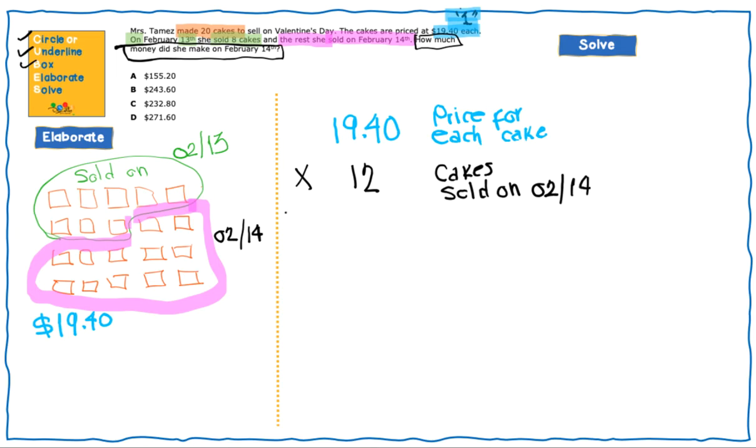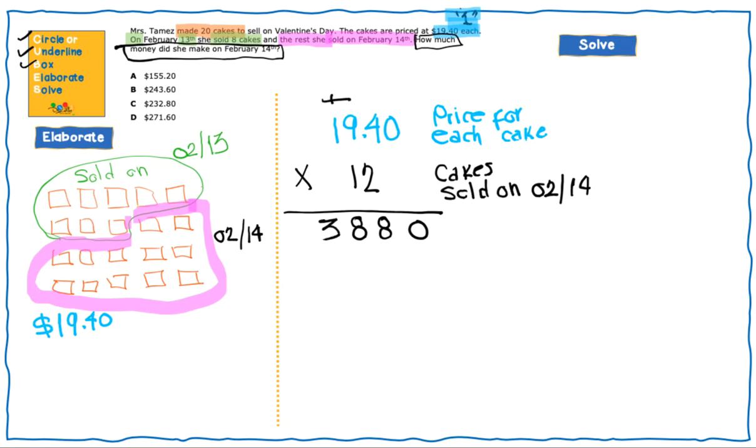So let's multiply. 2 times 0, 0. 2 times 4, 8. 2 times 9, 18. 8 and we carry 1. 2 times 1, 2. 2 plus 1, that makes 3.